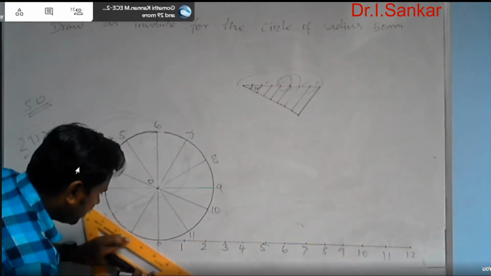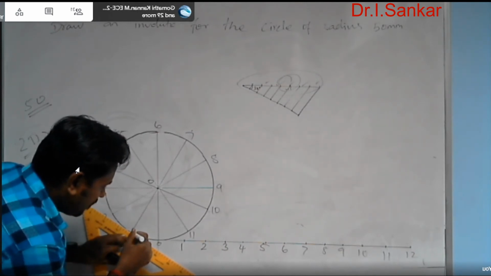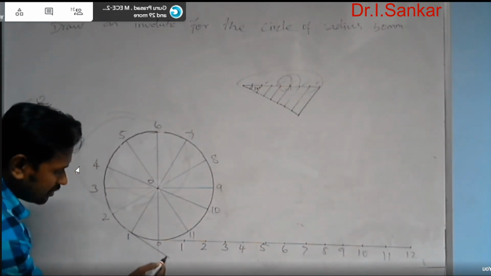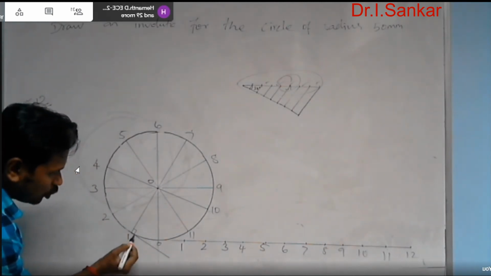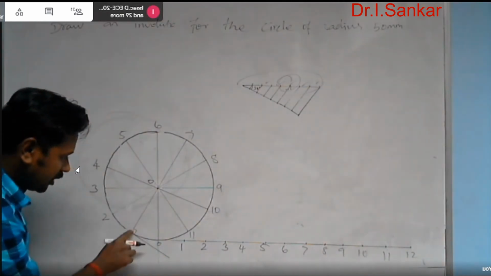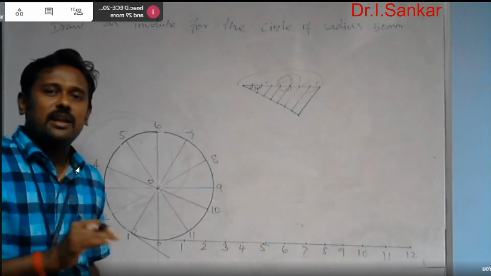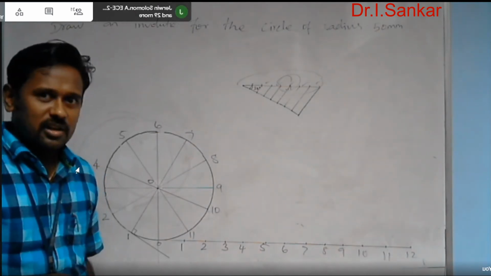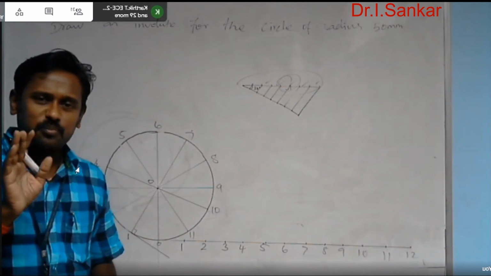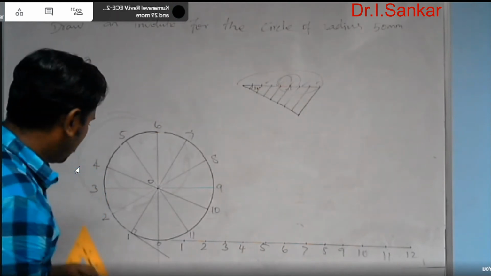In that way, set your drafter and draw a line from 1. This line should be perpendicular to O1. By using the drafter only, this can be done with higher accuracy. If you do it roughly with any scale or anything else, there are definitely possibilities for making errors. So go for using the drafter.